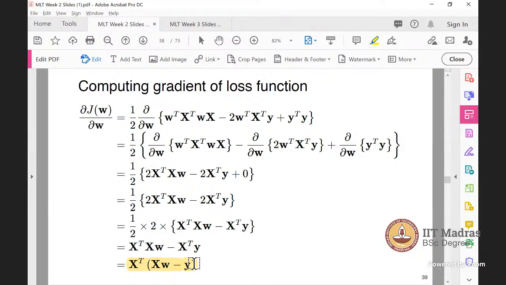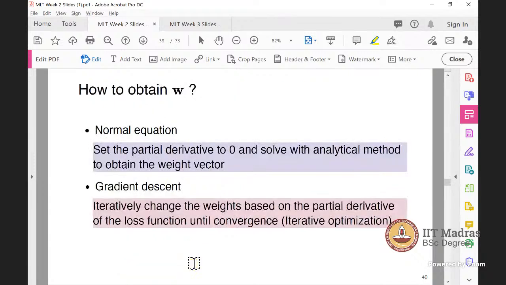So right now we have derived the partial derivative of the loss function with respect to W. Now, in order to get the optimal value for W, we have to equate this to 0, because at that point the loss should be minimum. Right?